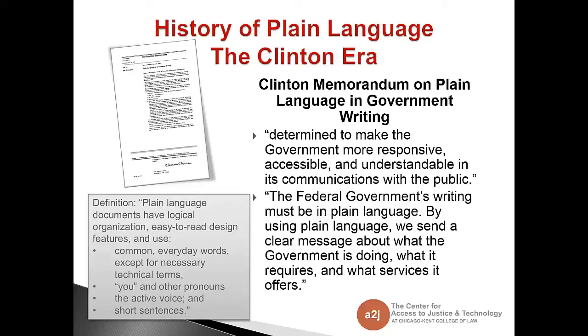The Clinton administration defined plain language as documents that have logical organization, are easy to read with design features, and use common, everyday words, except for necessary technical terms, that use you and other pronouns, the active voice, and contain short sentences.